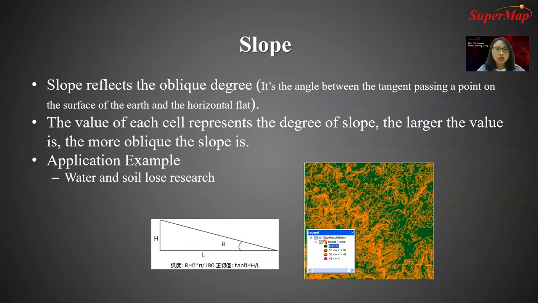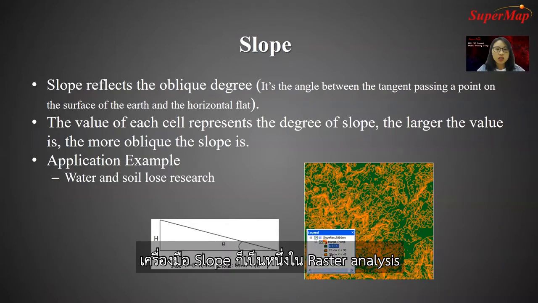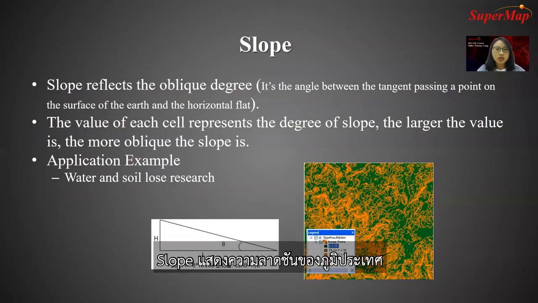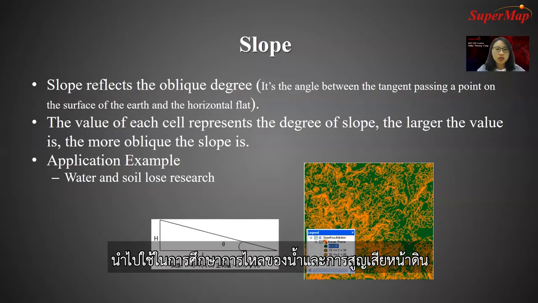And the slope function is one of the raster analysis. Here we know that the slope reflects the oblique degree. So the value of each cell represents the degree of slope. And often the slope can be used for the water and soil loss research.